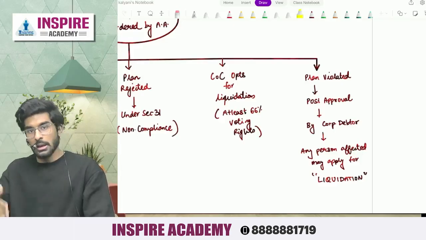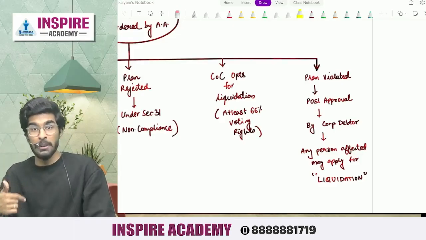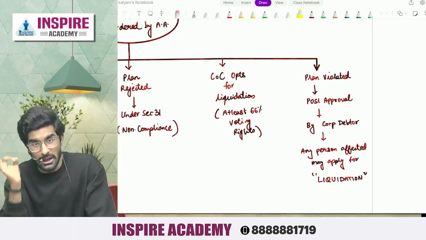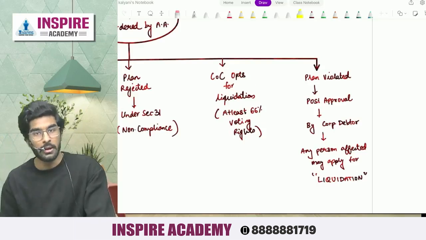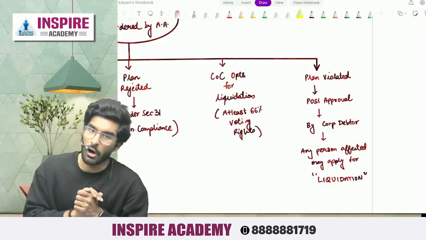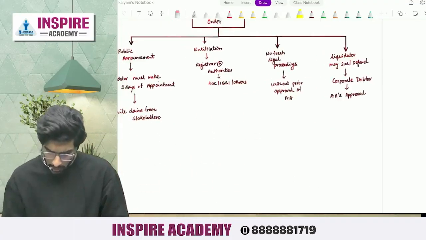And next is, even if plan has been approved in time, even if plan has been implemented, but you have violated the conditions stipulated in the plan, you cannot proceed forward with the resolution plan. So in that case, liquidation order can be given by NCLT. Very easy.